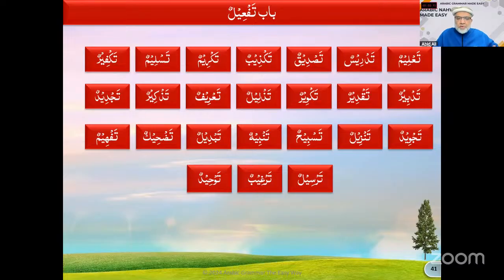These are some of the words, not all of them, but just here for you to realize how many words we know are on the pattern of Bab Tafeel.